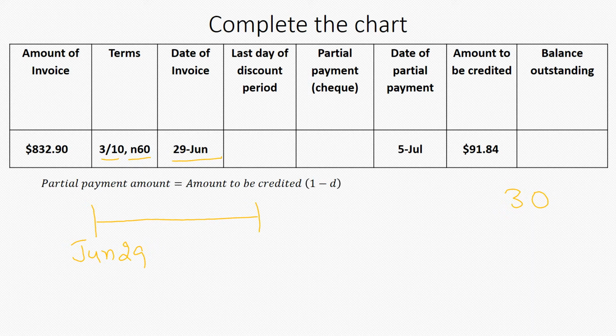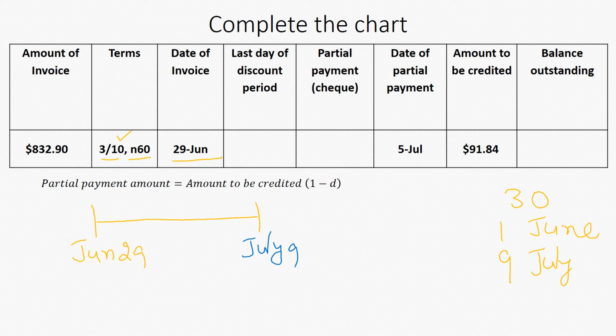So one more day of June, right? Then we still have 9 more days of the next month. So the next month is July, 9 days of July, that is 9th July, right? So the credit period ends on July 9th, right?